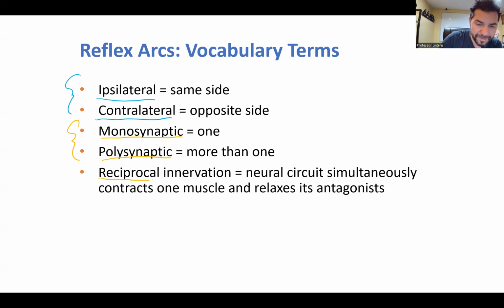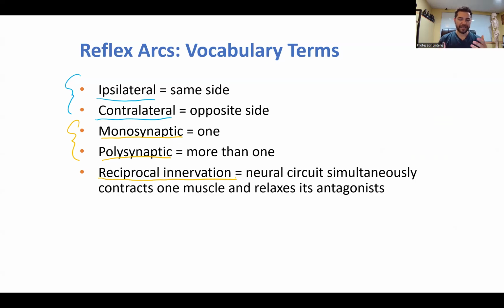And I'm not going to highlight reciprocal innervation too much, but we have this phenomenon that when one muscle contracts during a reflex, or in general, the opposite muscle relaxes.